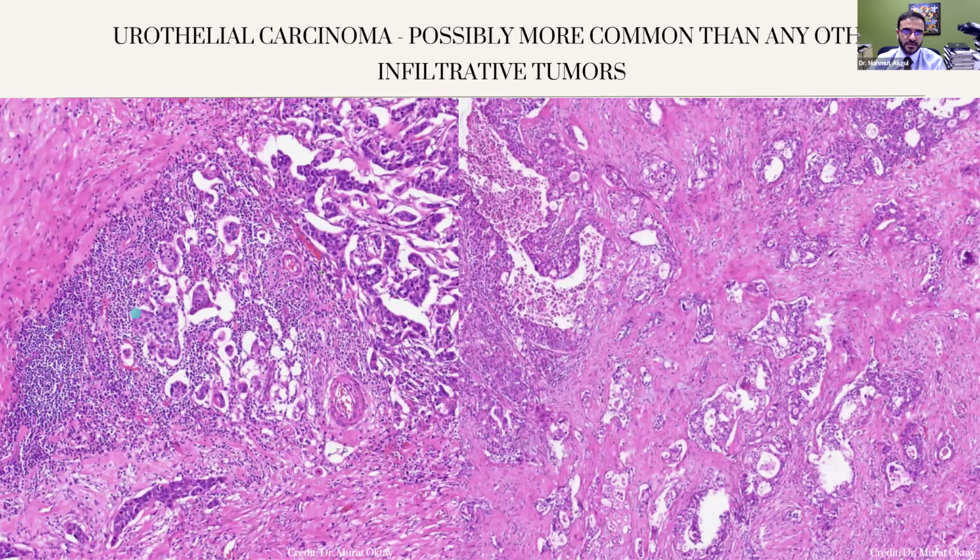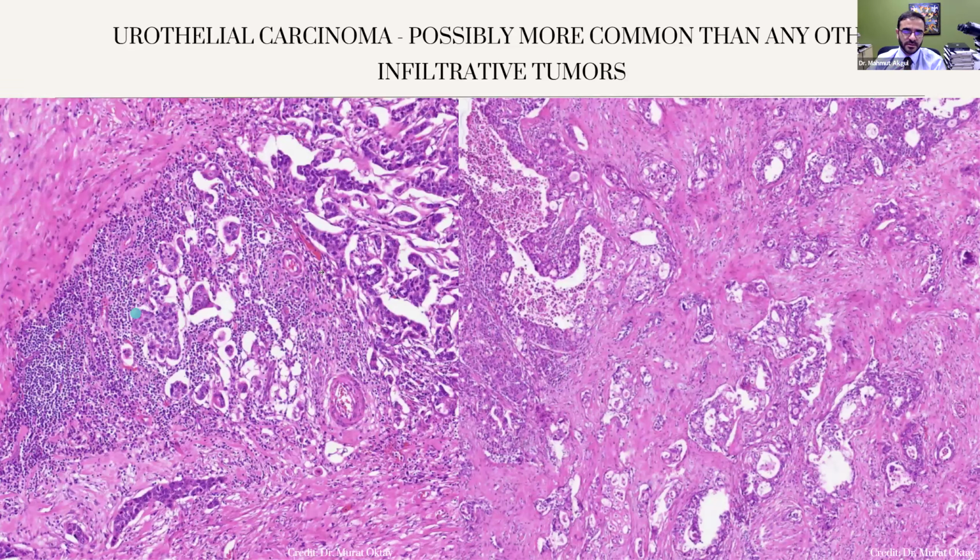And we ordered PAX8 and many other stains. When we are dealing with tumors with high-grade infiltrative features, we tend to order multiple immunohistochemical assays, and PAX8 was diffusely positive, supporting the kidney primary.